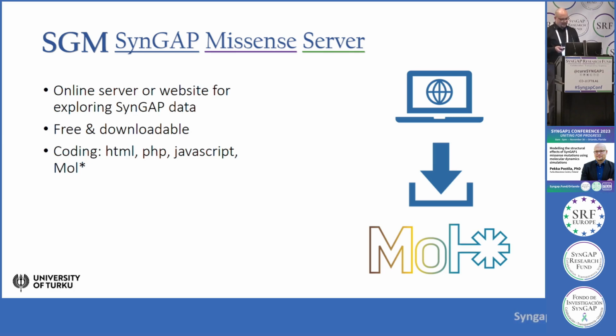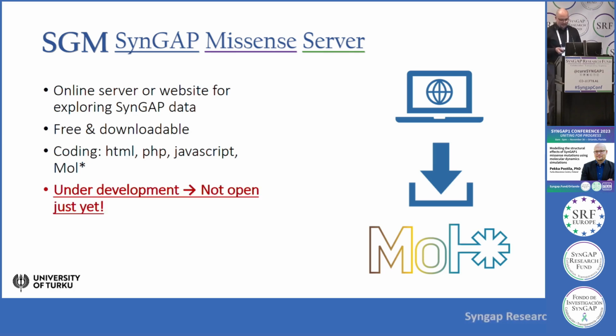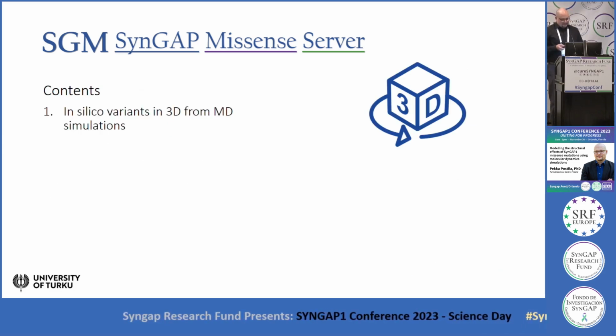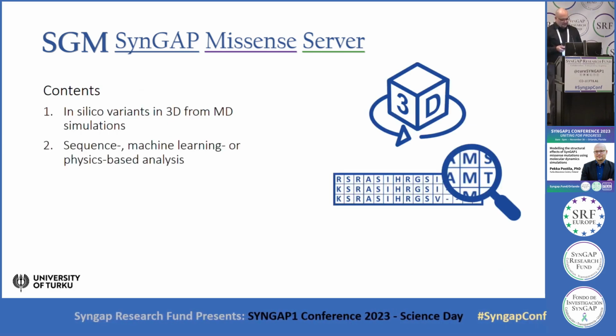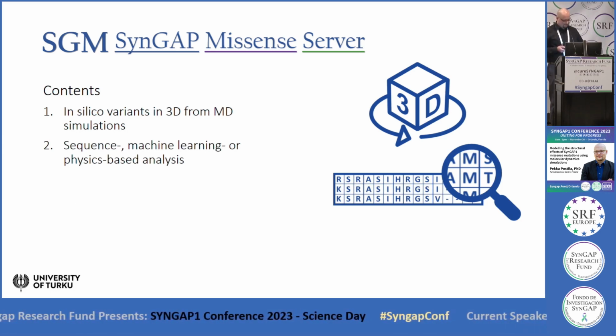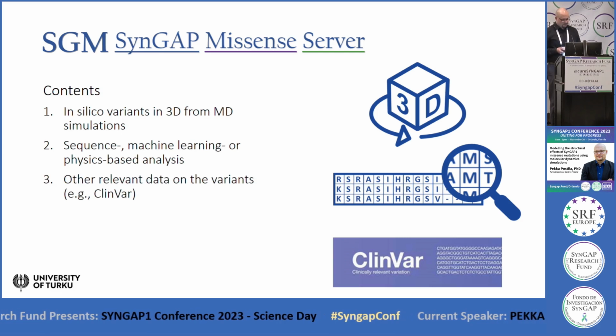You can go there with any browser and just look at the Syngap data. Well, mainly our data now, but also other stuff. Free and downloadable. The coding for the 3D viewer is done with Molstar, the same as with PDB. And it's still under development, so I'm not opening it just yet. But if you're interested, you can ask after this event, and I can show you how it works.